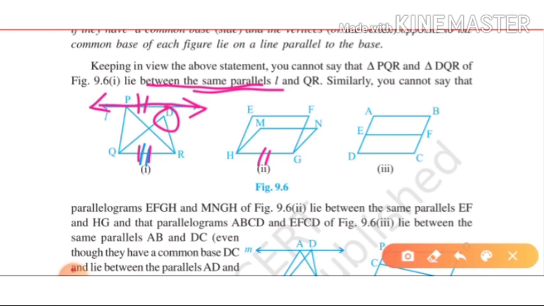That means all the vertices, or we can say sides, should lie on the parallel lines.